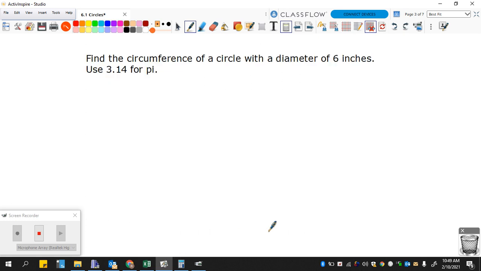All right, so it says find the circumference of a circle with a diameter of 6 inches. And you use 3.14 for pi.